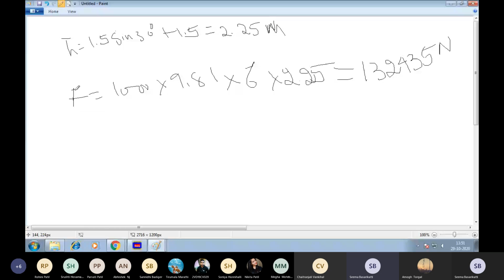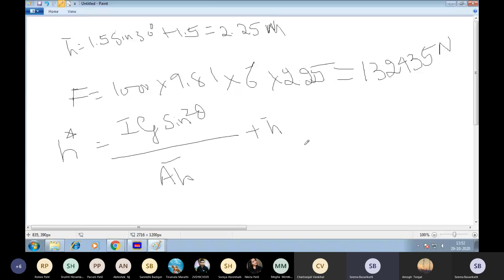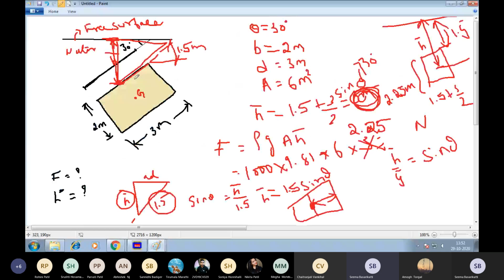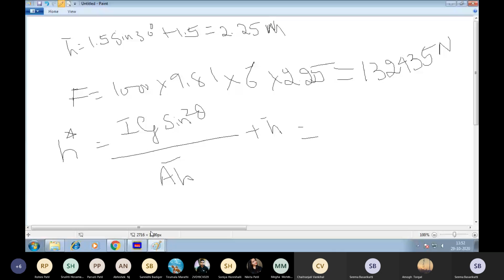Now how are we going to identify H star? What is the equation? H star is equal to Ig into sine square theta divided by A into H bar, plus H bar. For a rectangular surface, what is the value of Ig?